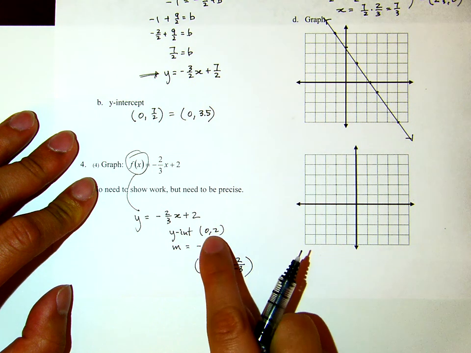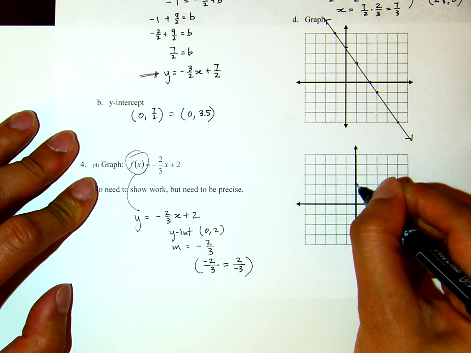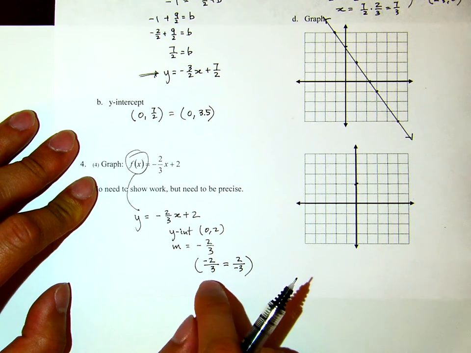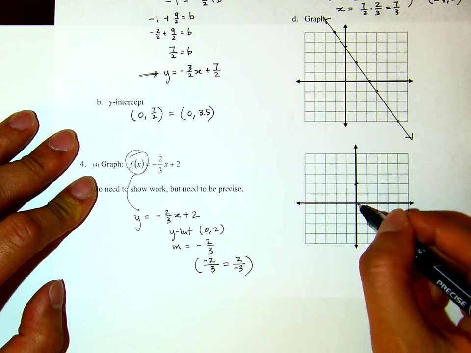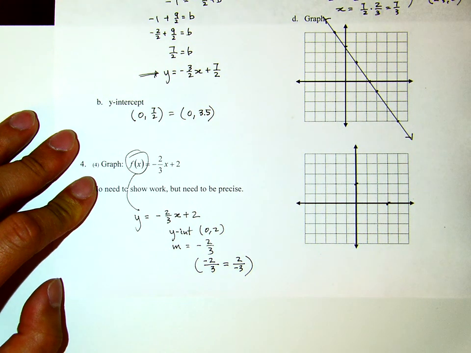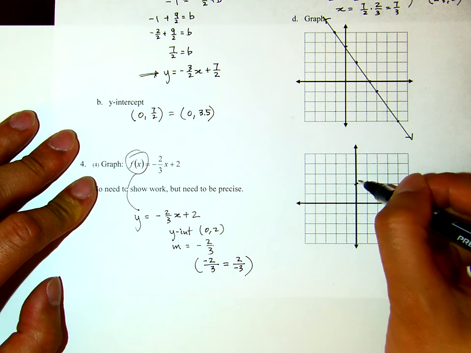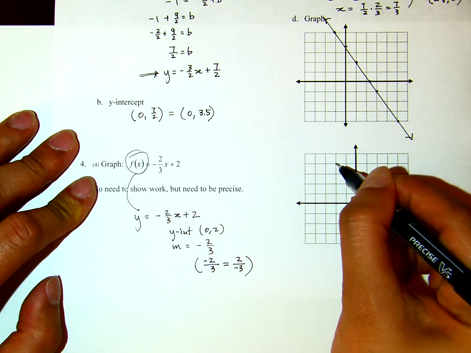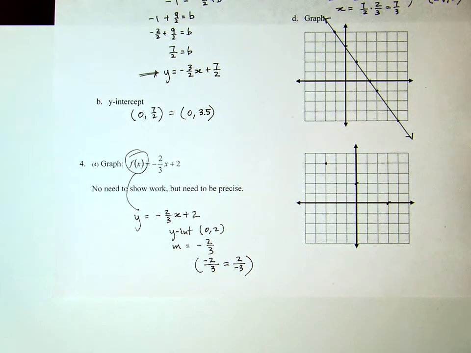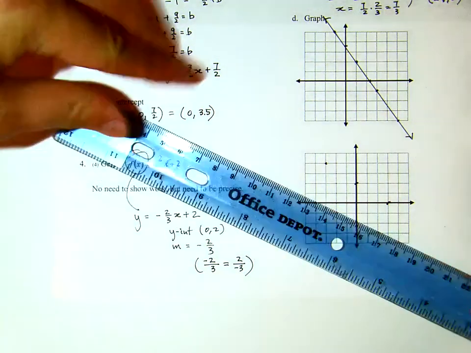Now let's start from the y-intercept 0, 2. If I use the slope negative 2/3, I go down 2 units, run 3, or I go up 2 units, back 3. That's the line that I will draw.